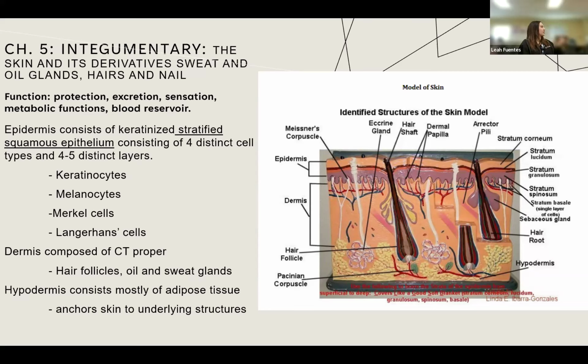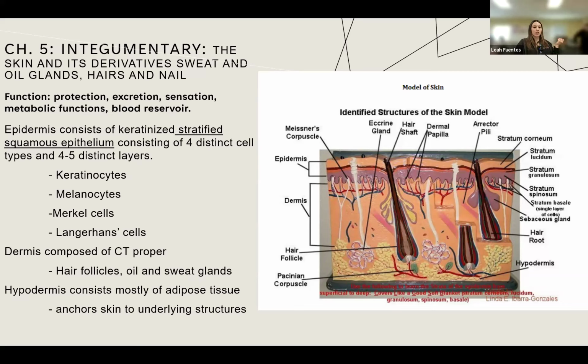And lastly, the Langerhans cells, which are macrophages that help activate your immune system. Okay, so that was the epidermis. You're going to want to know what it consists of and the different cells that are present in the epidermis.